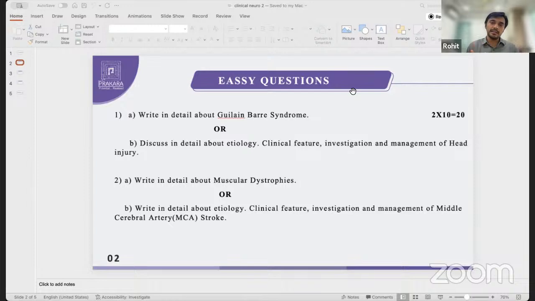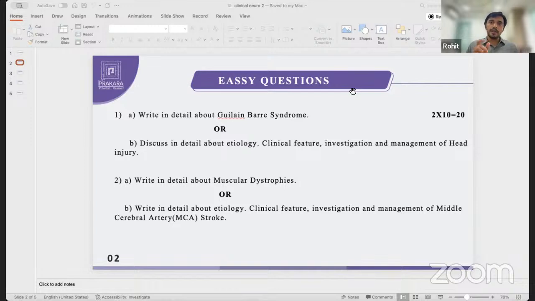So in cases where it is ambiguous, or where the diagnosis is not clear, we move on to do another test called lumbar puncture and cerebrospinal fluid analysis. We do this because in Guillain-Barré syndrome patients, there is a phenomenon called cytoalbuminological dissociation in CSF.